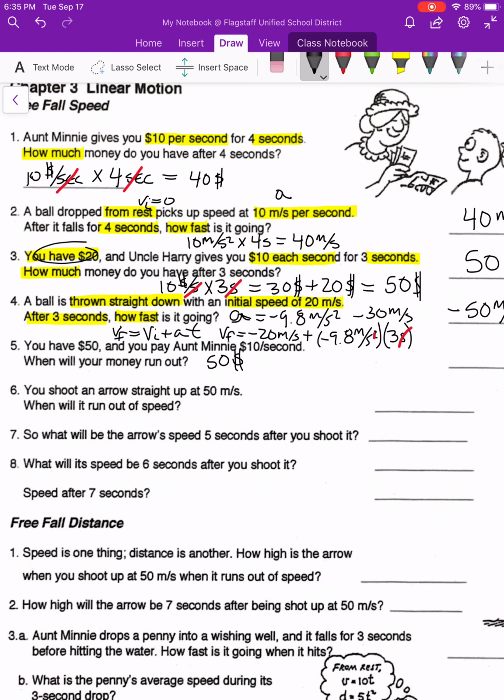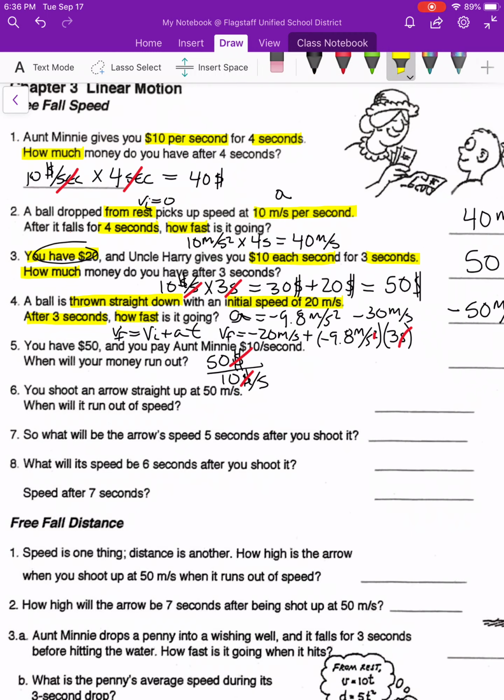If I pay attention to my units, dividing by $10 per second is the same as multiplying by the reciprocal, all that fancy math. The dollar signs cancel out, and I'm left with seconds, which is what I was looking for, right?